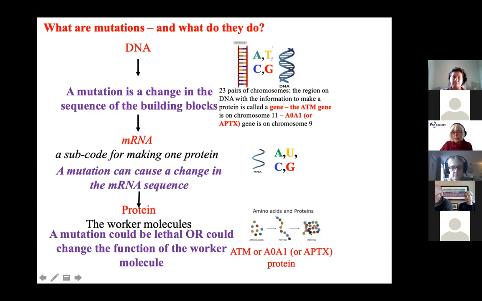And that can be lethal if it completely inactivates the protein that's essential, or it could just change the function of the worker molecule. And all that comes from this change in the sequence of these building blocks.